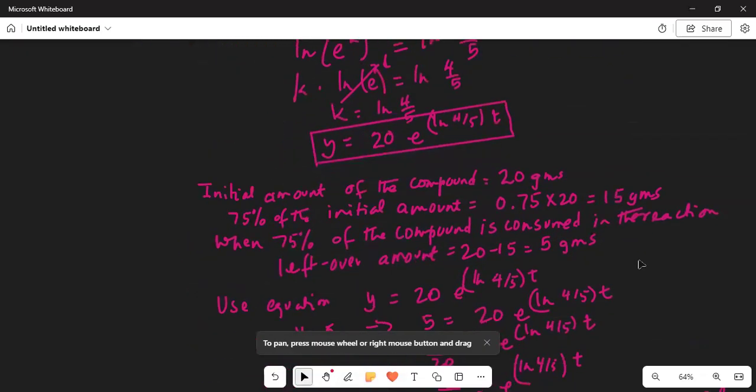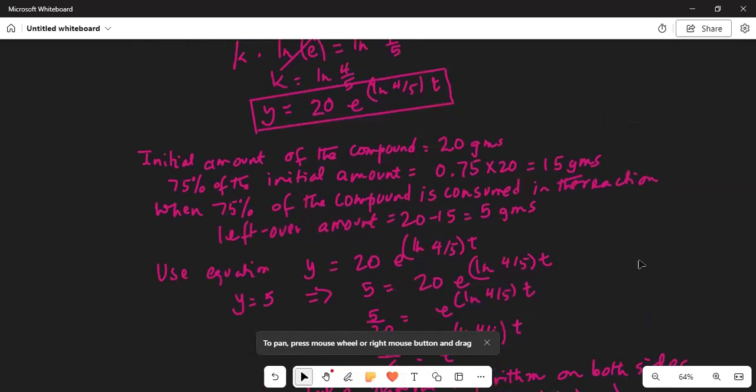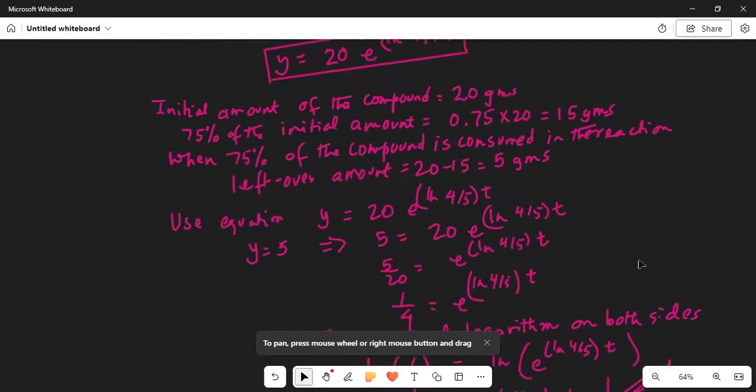Now we want to find out by when 75% of the compound is consumed, but we have to work with the amount left, which is 20 minus 15, since 75% is consumed. Only 5 grams is left. So for y substitute 5 because 5 grams is left: 5 equals 20 multiplied by e raised to the power of ln 4/5 times t.